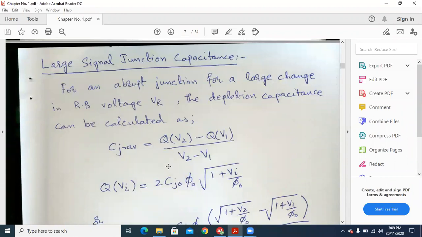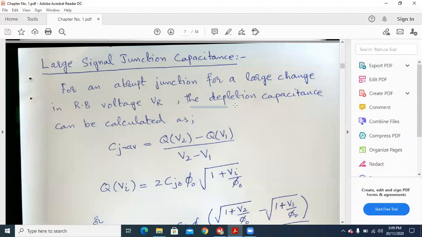Large, for example, we have an abrupt junction, and there is a large change in the reverse bias voltage. So in fact, we cannot calculate the value of the charge throughout the junction, but we can calculate at 2 points, say point 2, the endpoint, and point 1.